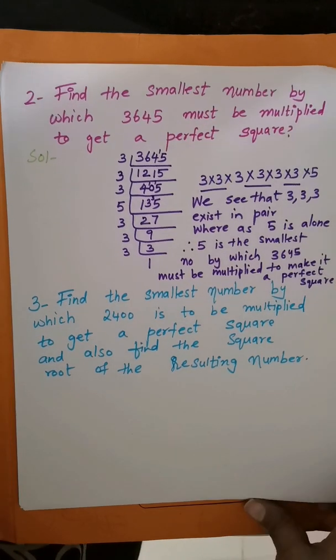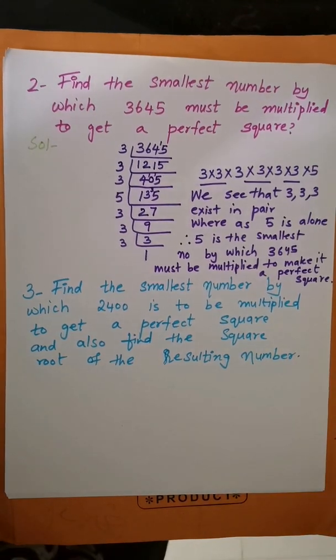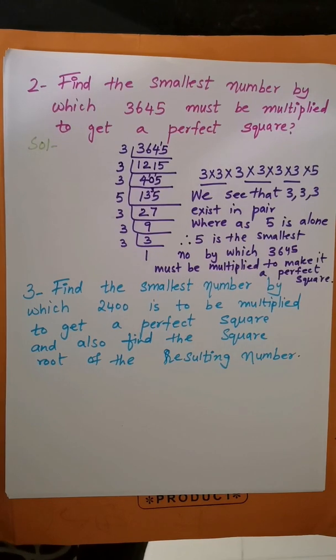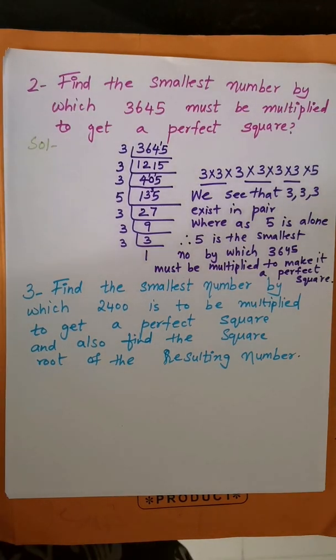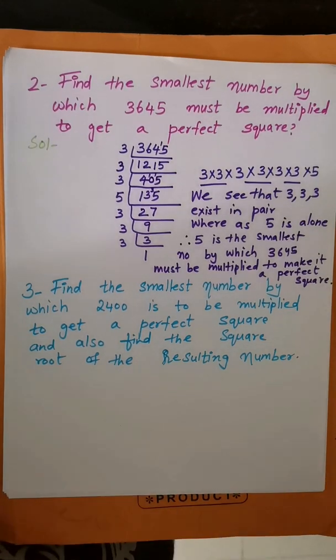Okay, next is find the smallest number by which 2400 is to be multiplied to get a perfect square, and also find the square root of the resulting number. So what you have to do here is find the prime factors, and there might be one or two numbers which do not exist in pairs.